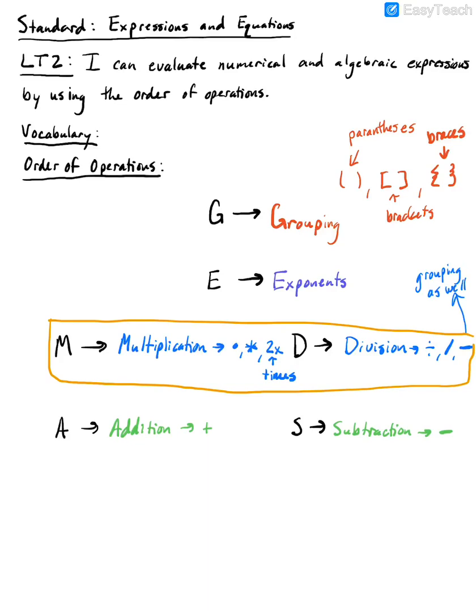So you work left to right when simplifying them. So if a multiplication term comes first and then a division, you do it in that order. If something's divided and then later on there's something multiplied, you do it in that order, kind of like you're reading a book.